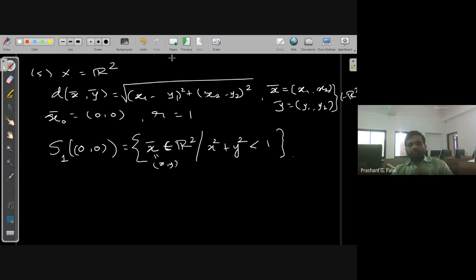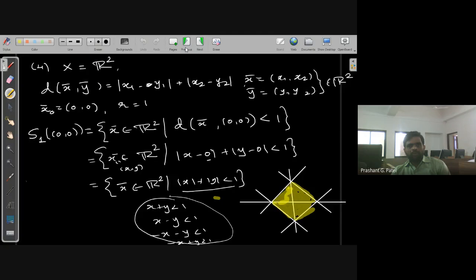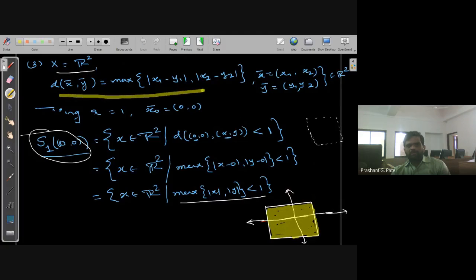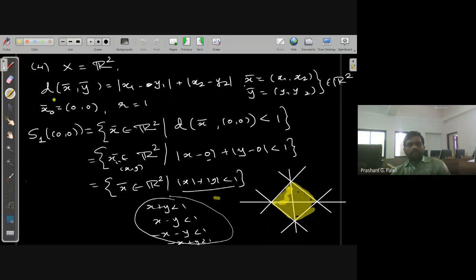So ultimately, what is the objective? We have the same space here, but on this same space we have defined three different metrics, in the previous examples. The first one is the maximum metric, in which the open sphere is a square. The next one we defined as a metric, in which we got this type of square.